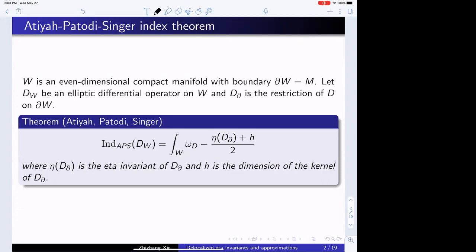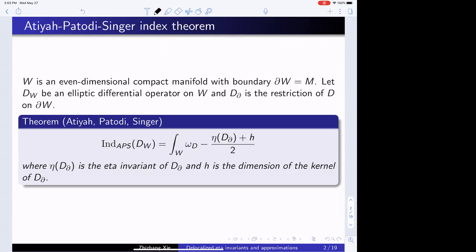Now suppose on W, you have an elliptic differential operator, and denote by D-boundary the restriction of the operator to the boundary.